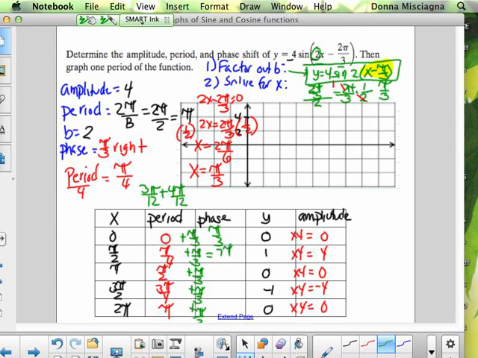Let's see how many of these other ones. All right, so now 2 and 3, their least common multiple is 6. So pi halves is the same as 3 pi 6ths. And pi thirds, right, so I have to multiply by 2, so 2 pi 6ths. So this would be 5 pi 6ths.